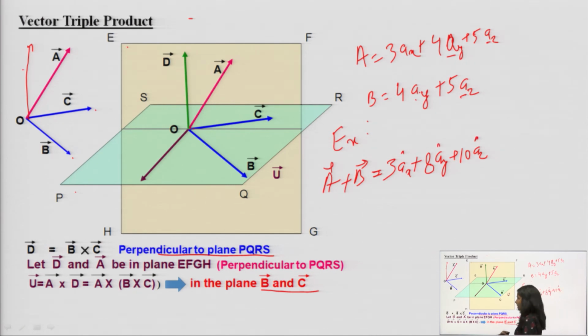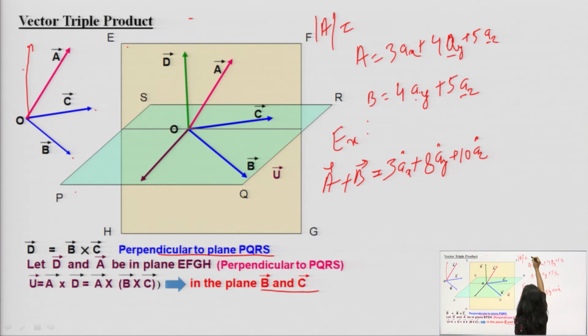Now in vector quantities we need to know two very important things, the magnitude and the unit vector. The magnitude of any vector can be determined in two ways.